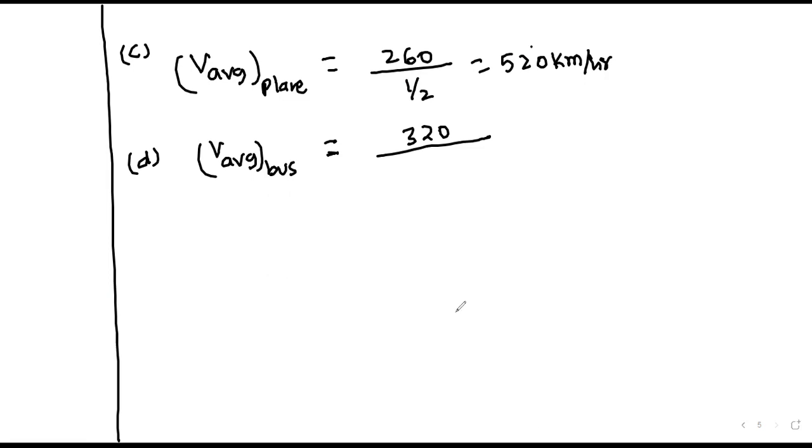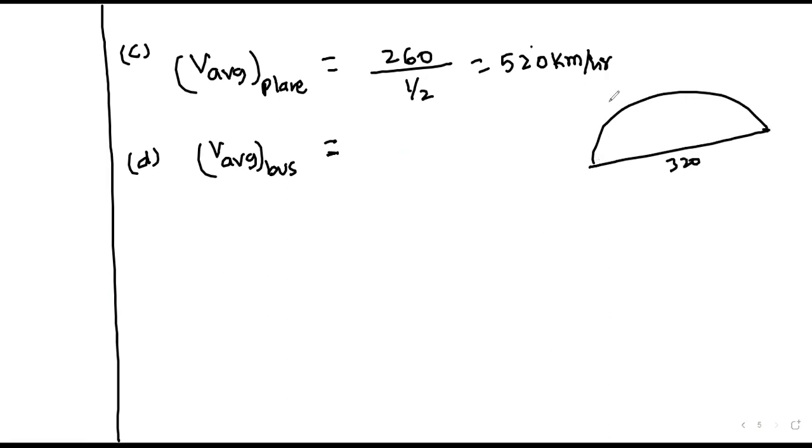Average velocity means total displacement. We should write it as by road, this is 320, and this one is 260. So we need to find total displacement from here to here.